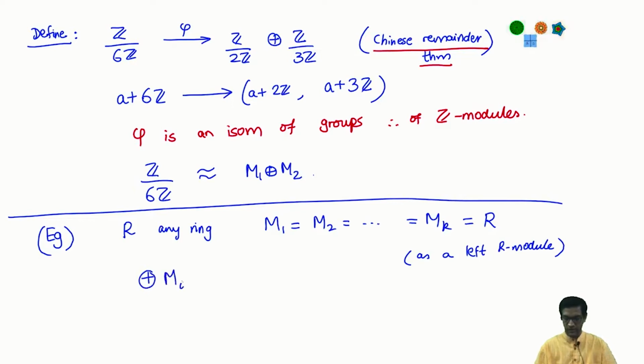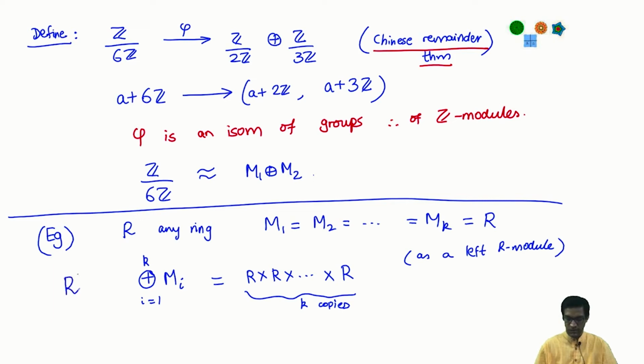So the direct sum of the Mi, i ranging from 1 to k. Well, by definition, as a set, it's just M1 cross M2 cross up to Mk. So in other words, it's k copies of the ring R itself. As a set I am just forming the cross product of R with itself k times.